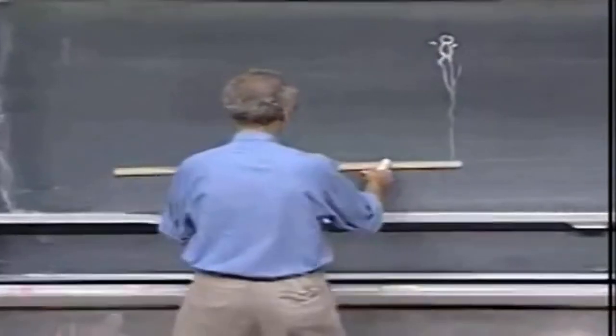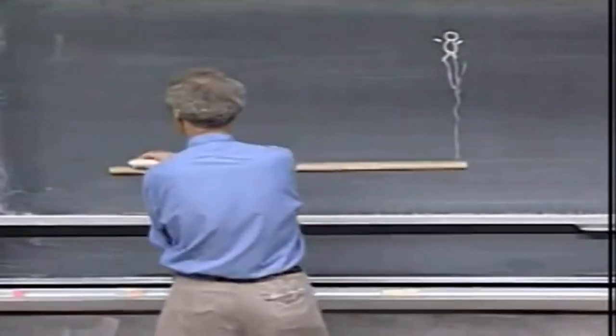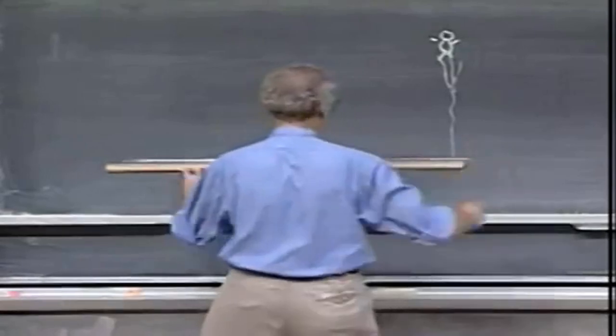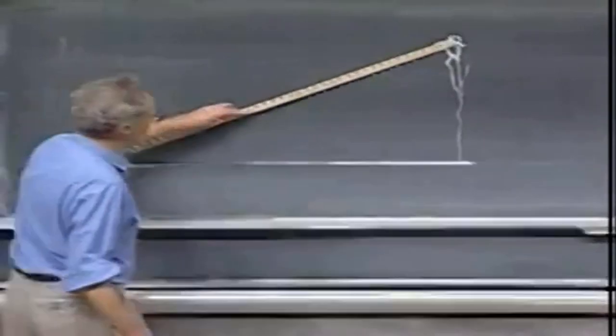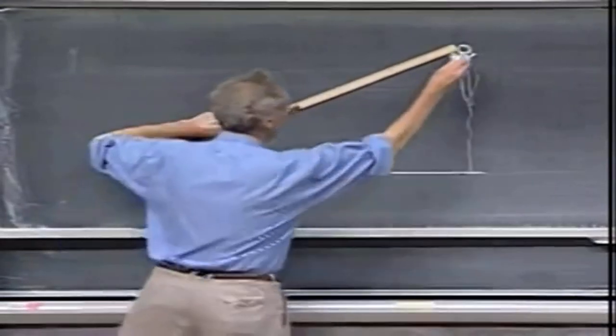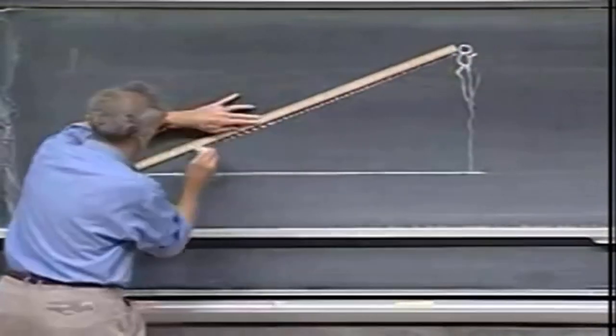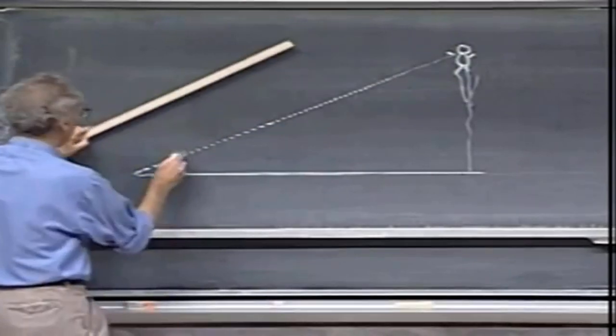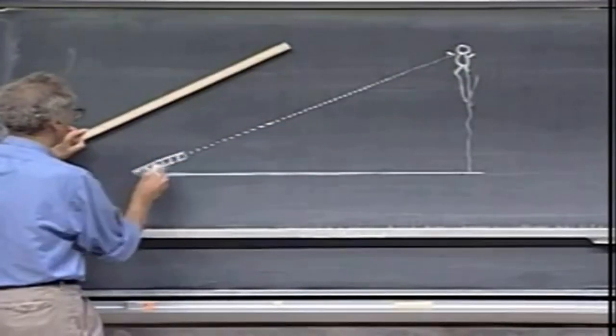And here is a hunter who never took 801, and he has a gun which is a golf ball gun, and he aims that gun right at the monkey.